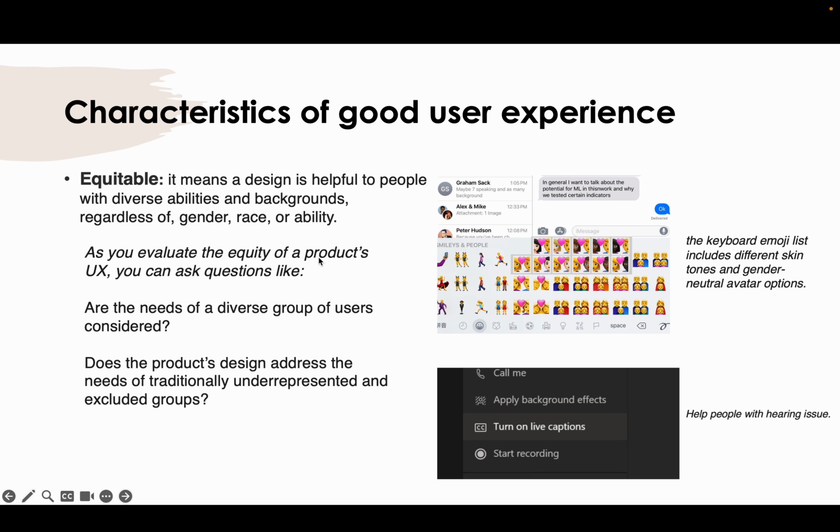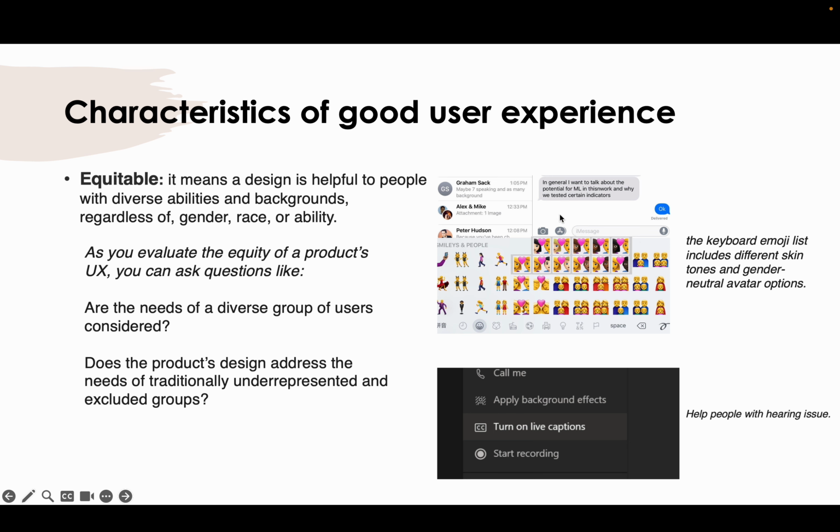As you evaluate the equity of a product's UX, you can ask questions like, are the needs of a diverse group of users considered? Does the product's design address the needs of traditionally underrepresented and excluded groups?